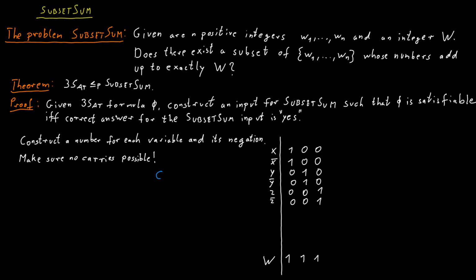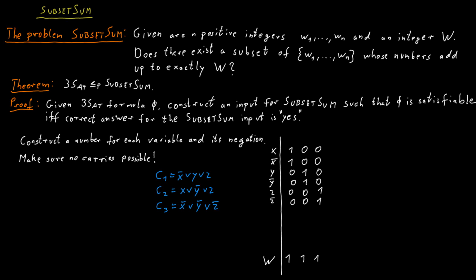So, for example, the first clause might be not x or y or z, and then the second clause might be x or not y or z, and then the third clause might be not x or not y or not z.